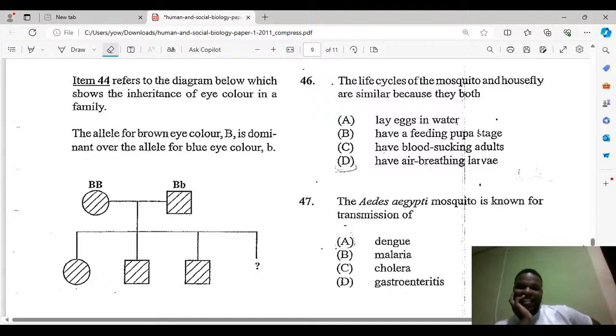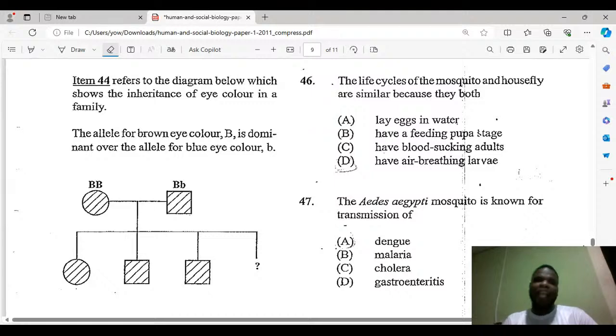I'm seeing A. I'm seeing B. I'm seeing B. I'm seeing pupa stage. That's it.